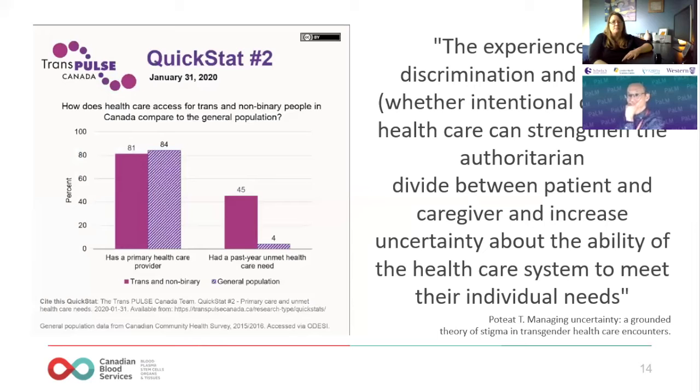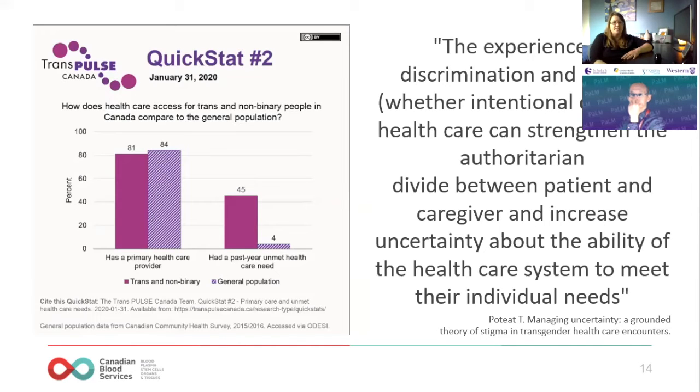And one of the main findings from the study that I think is really significant is that 45% of trans people reported having an unmet healthcare need versus 4% of the general public. And so that's really significant because that means a large portion are either not accessing care or have barriers to receiving care that are not experienced by other non-trans individuals.